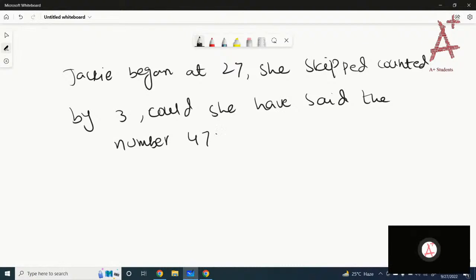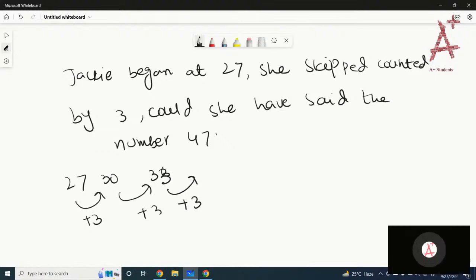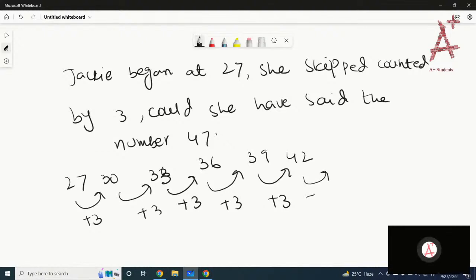So let's see if she has 47 in the counting. So start at 27, keep adding 3 for each next number. So 27 plus 3 is 30. 30 plus 3 is 33. 33 plus 3 is 36. 36 plus 3 is 39. 39 plus 3 is 42. 42 plus 3 is 45. 45 plus 3 is 48.